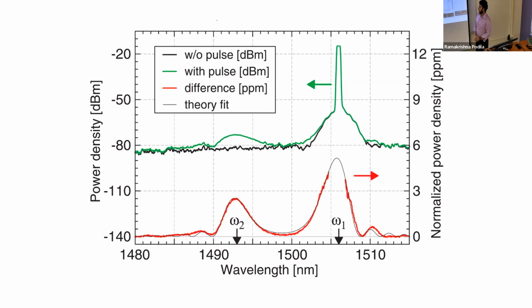That's what you can see by something called a power spectrum. You pass all the wavelengths. The black curve is the wavelength of the probe without the pulse. There is no pulse, just the probe goes through, and you get the black curve. That's the frequency distribution. So you're sending in different frequencies or different wavelengths of light. Now the green line is the one with the pulse.